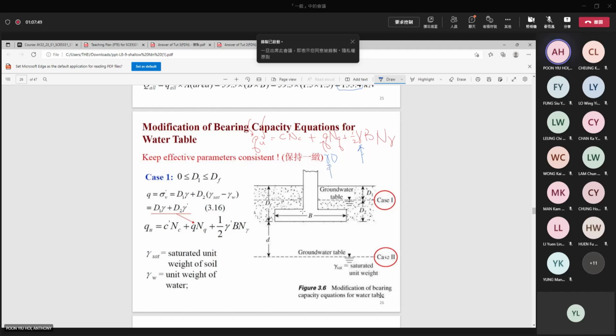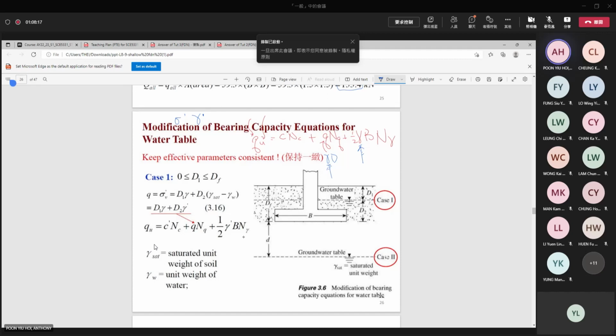So this is how water can affect this, because if you still remember the effective stress concept, if there's water, then we will use the effective stress or the submerged density, or the effective weight. So it's the same concept applied here.